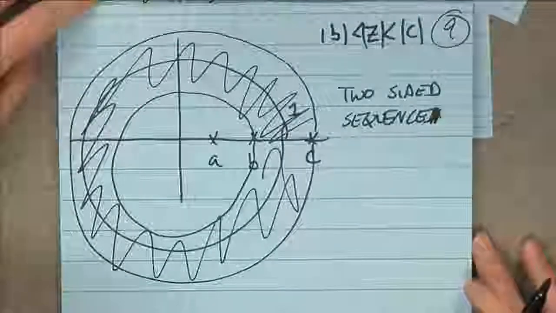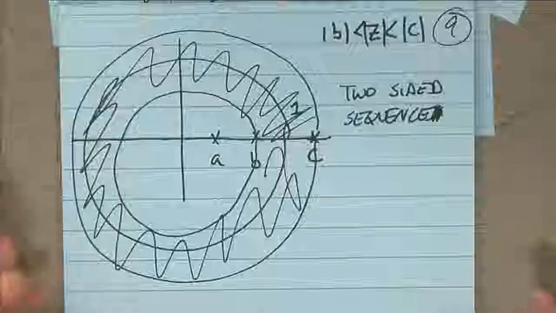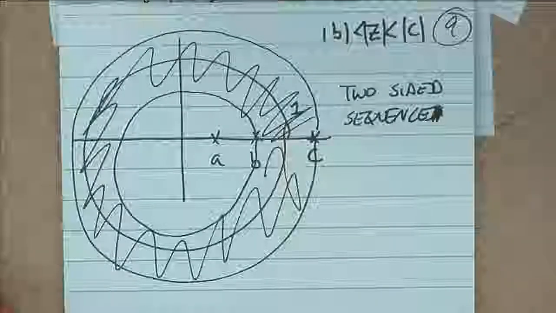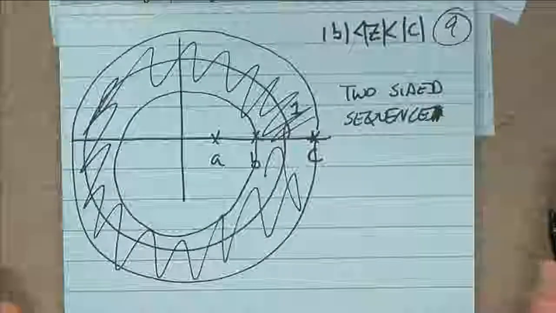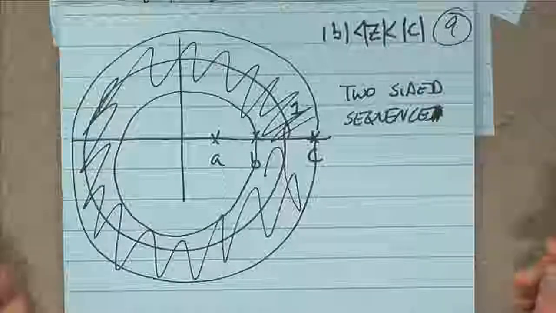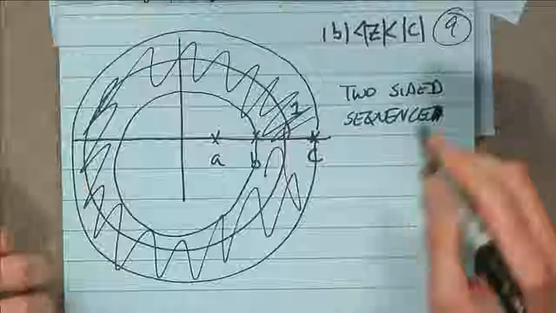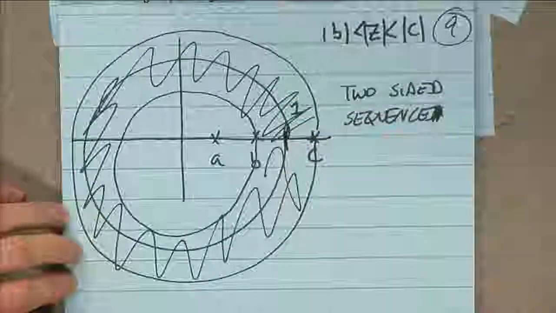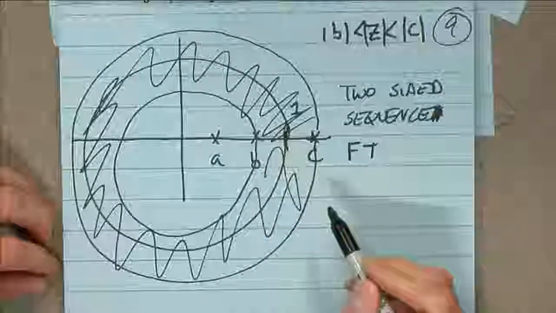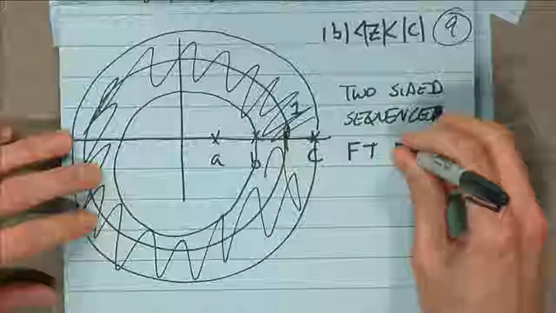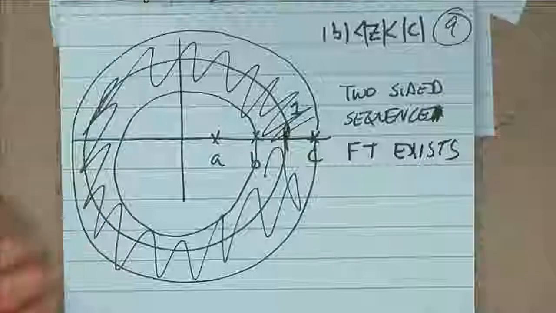So if it seems a little mysterious, go back and revisit the prior lecture, because that's where we dug down into the Z transform expression and saw, this is where it will be left-sided, this will be where it will be right-sided. So we've got this, but what does that tell us about the Fourier transform? Well, the region of convergence covers the unit circle, so the Fourier transform exists in this case.